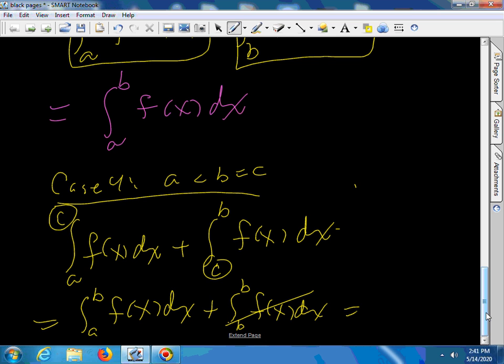That's 0. So we just get the integral from A to B of f of x dx.